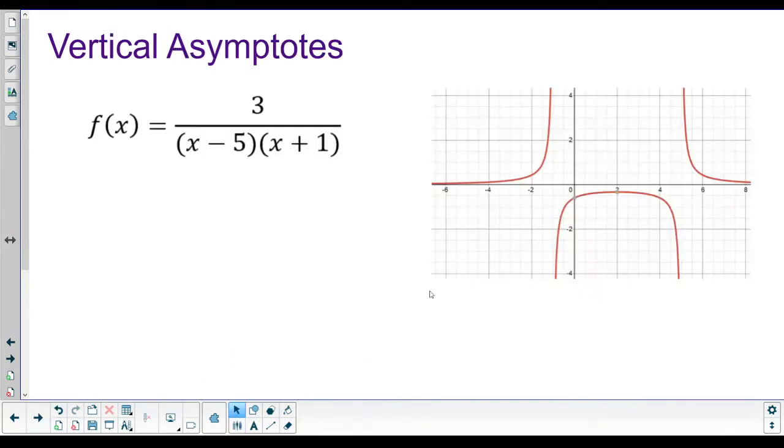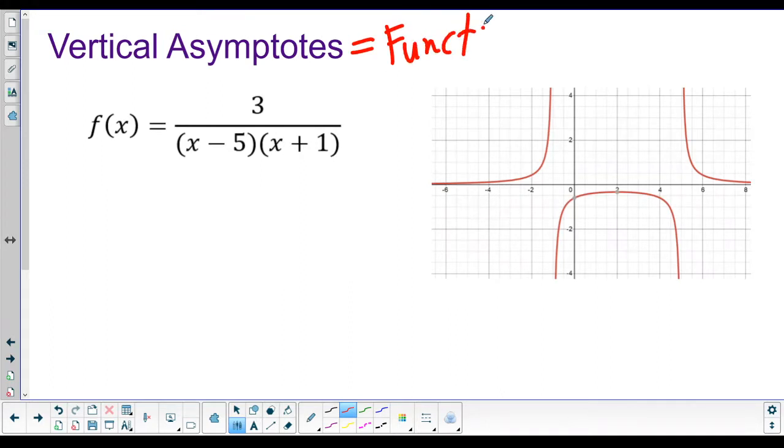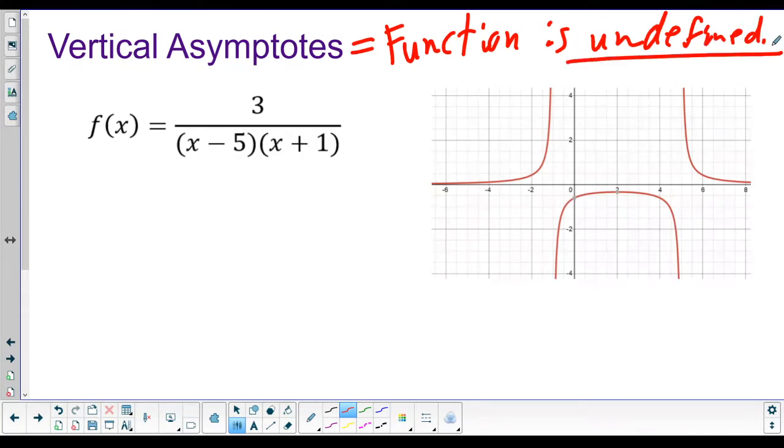All right, so let's go look at the easy asymptotes first, our vertical ones. So vertical ones happen when the function is undefined. Okay. So the places where our function is undefined are the places that we have restrictions.